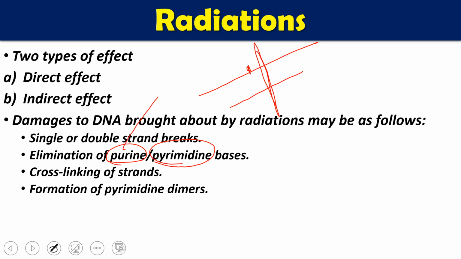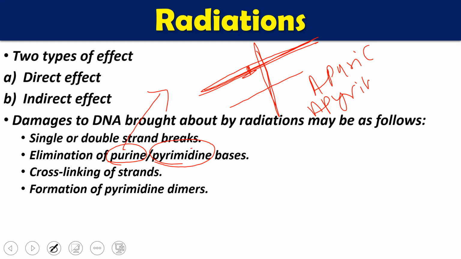If a purine is removed, it is called an apurinic site: only the sugar phosphate backbone remains, with no nucleotide and no nitrogenous base. If a pyrimidine is removed, it is called an apyrimidinic site. Both together are called an abasic site, meaning no base is there.